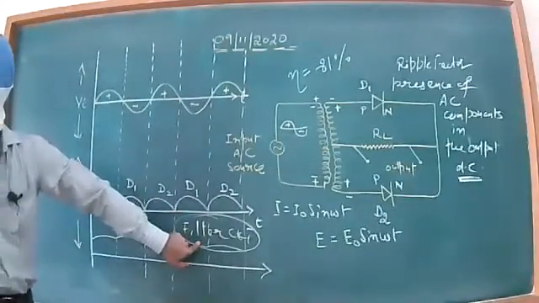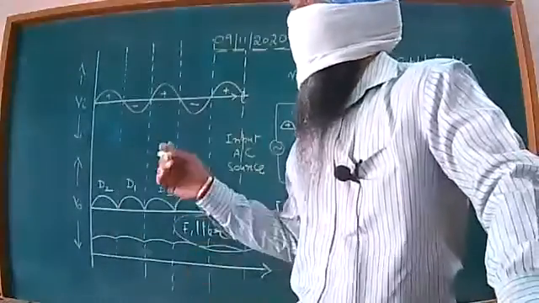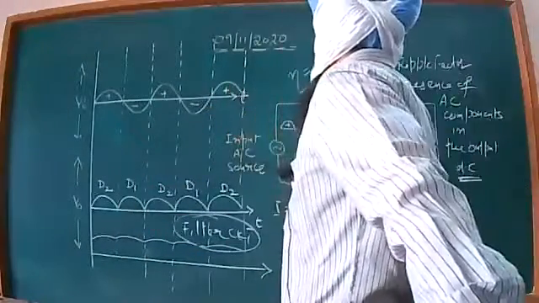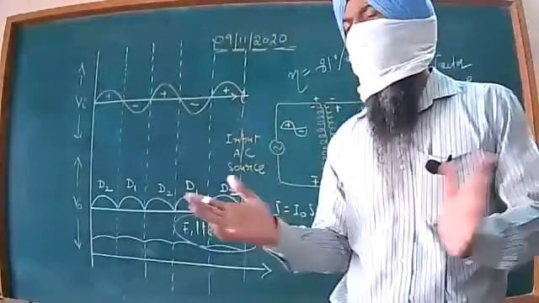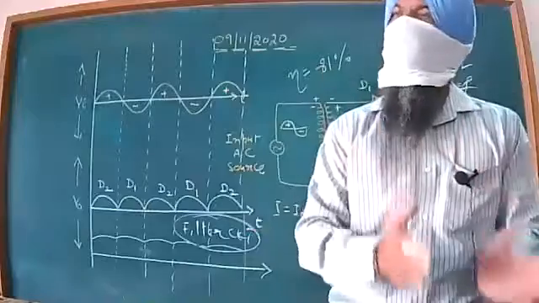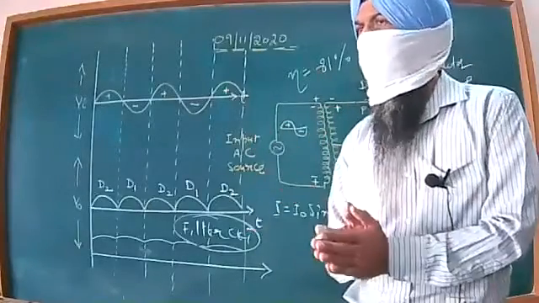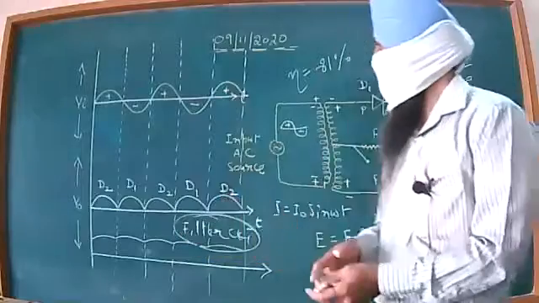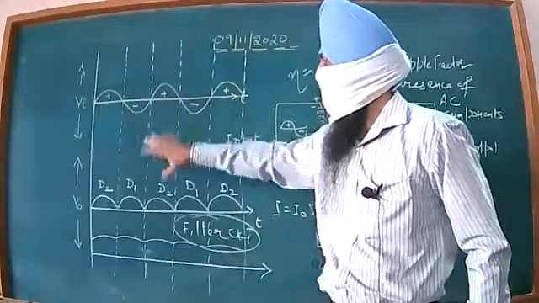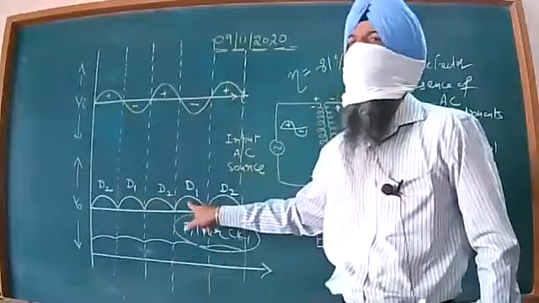So dear students, before we proceed further, let me have a review of all these topics related to the rectifiers. Rectifier basically is a device which converts AC into DC, and it is of two types: half wave rectifier as well as full wave rectifier. Half wave rectifier gives only one half of this as the output, and in the other half the signals will be absent.